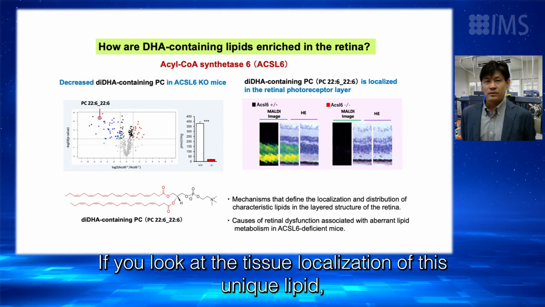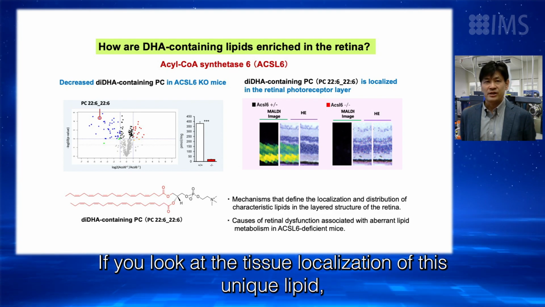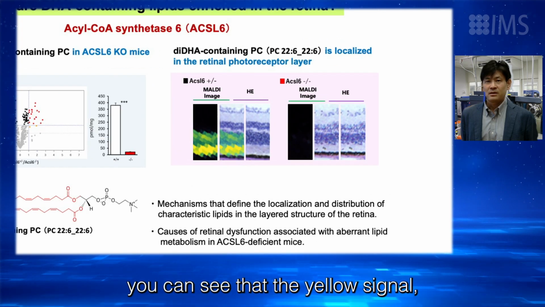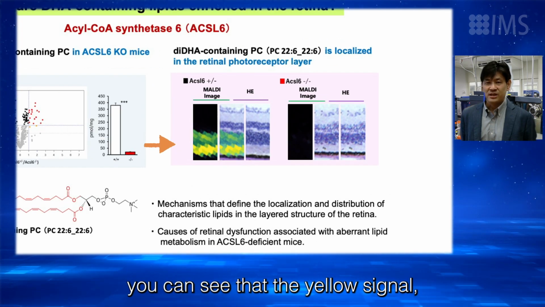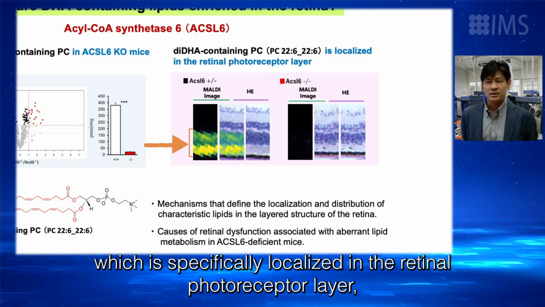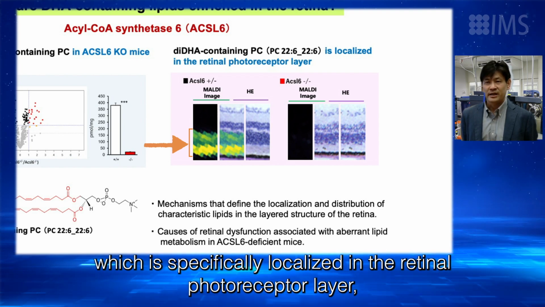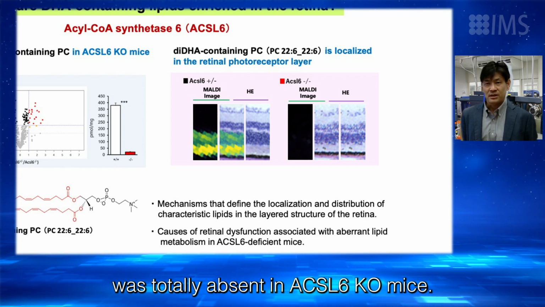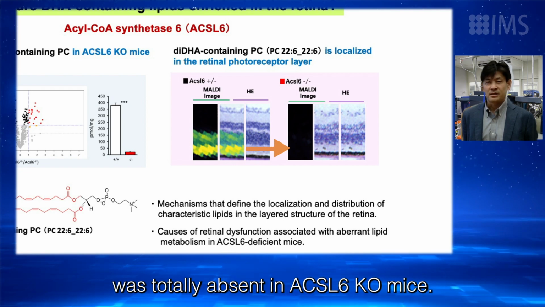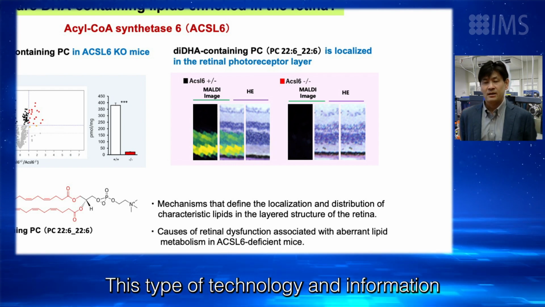If we look at the tissue localization of this unique lipid, you can see the yellow signals here, and that is specifically localized in the retinal photoreceptor layer, and that is totally abolished or absent in ACSL6 knockout mice.